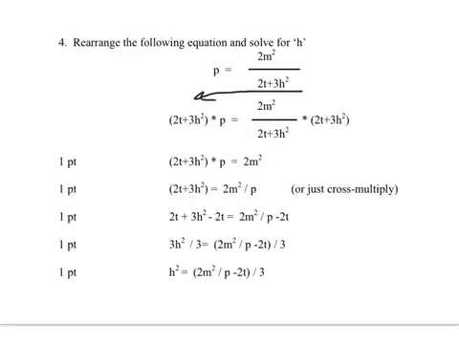And we then, to solve for the h, did it in a much more complicated manner, because now you've got to factor out the p and everything else. Divide by the p. P comes over the other side. Each step worth a point. Follow the steps through. Cross multiplication is usually the better method. Usually it's faster.